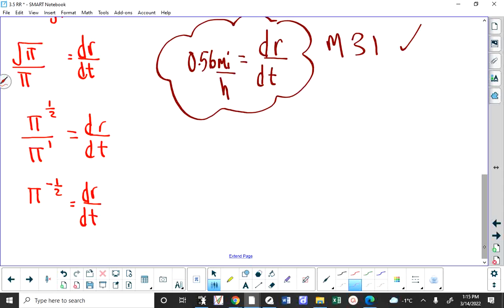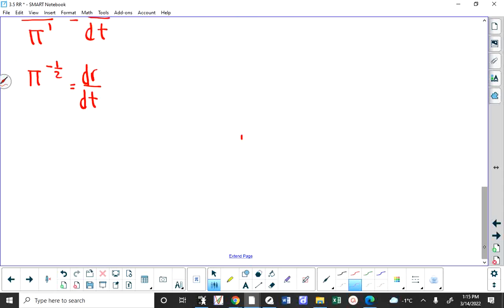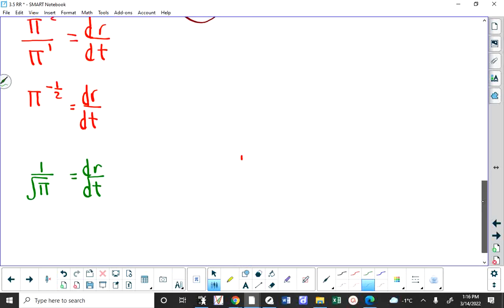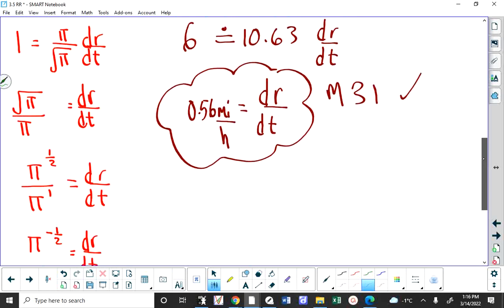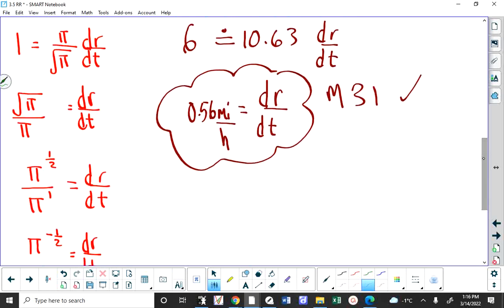The bottom line is this works out to dr/dt equals 1 over root pi, which is really a surprising result. It doesn't always have to work out that cleanly. The only reason it did was because the 6 on the left canceled with the 6 on the right. Well, I guess we could double check it here. You can take the square root of pi and then take the reciprocal of it. Better get that answer.